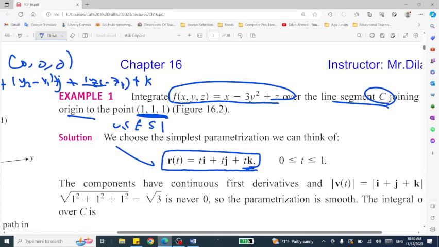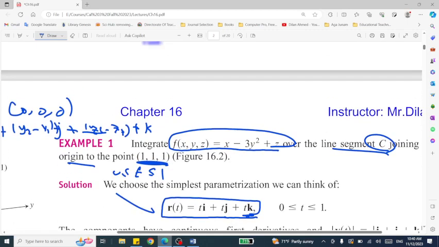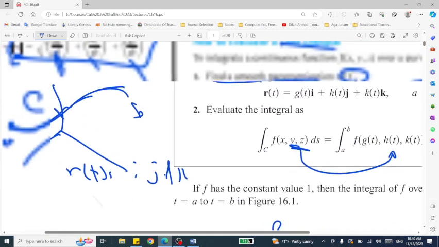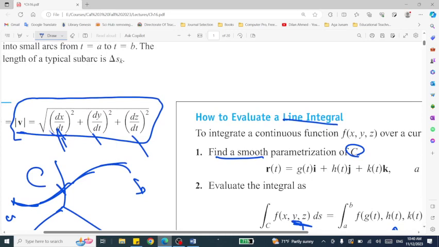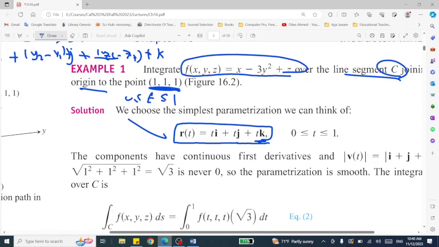V is 1, yeah? 1 square, 1 square, 1 square. Why? Because V is equal to dx square, dy square, dz square. So we are going to find dx by dt, it will be 1.